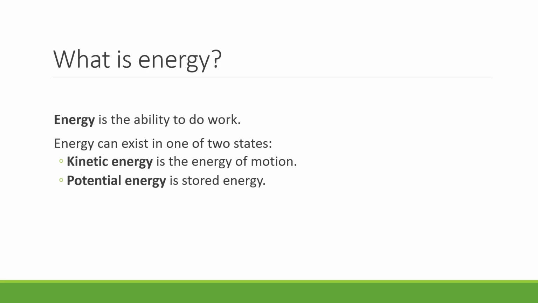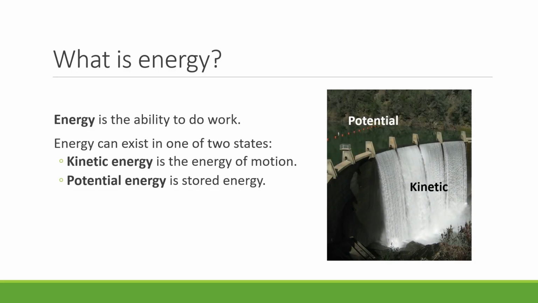One example that shows the difference between potential and kinetic energy is water that's flowing over the edge of a drop off, like what you see here going on with this dam. The water at the top has potential energy because it has the potential to be in downward motion, while the water that is actively falling over the edge has kinetic energy because it is currently and presently in motion.